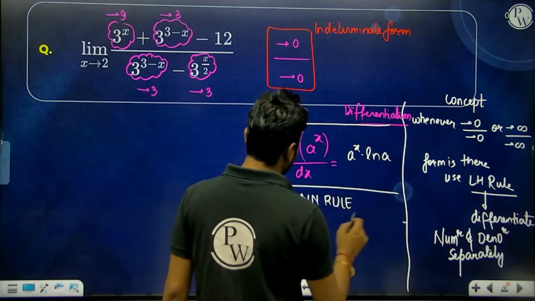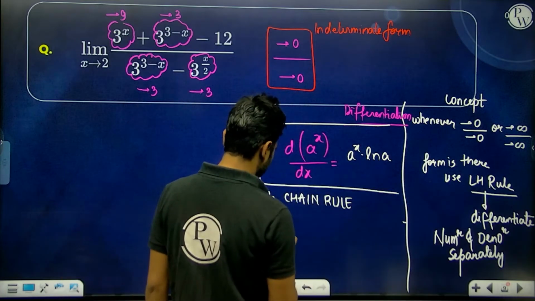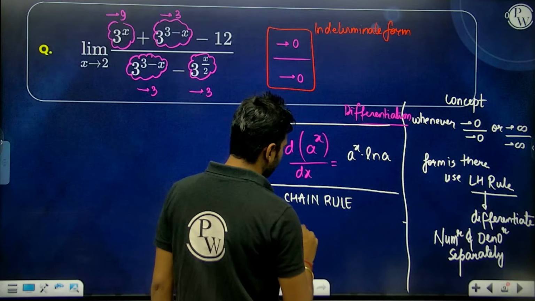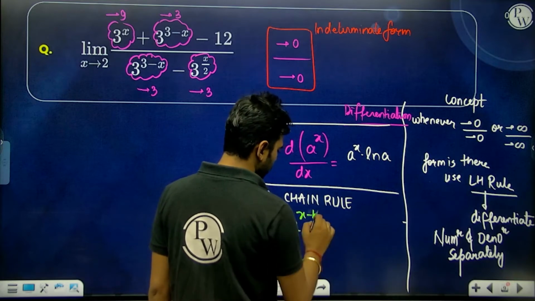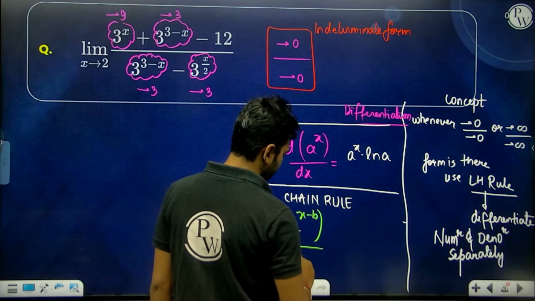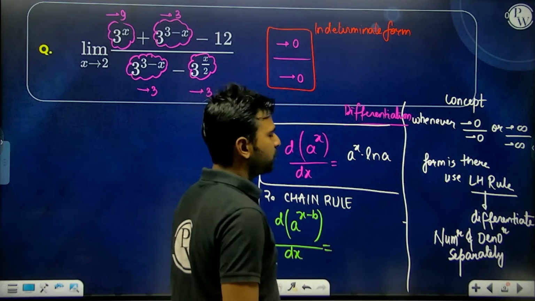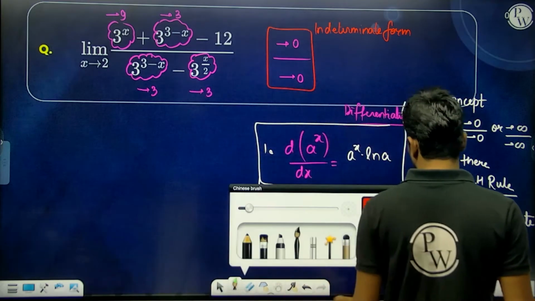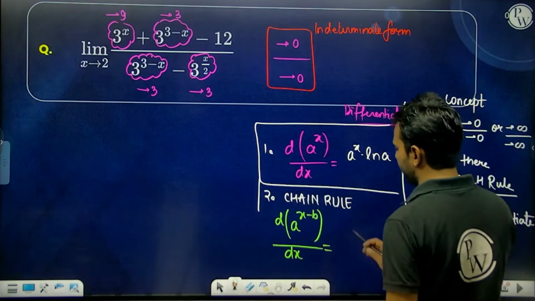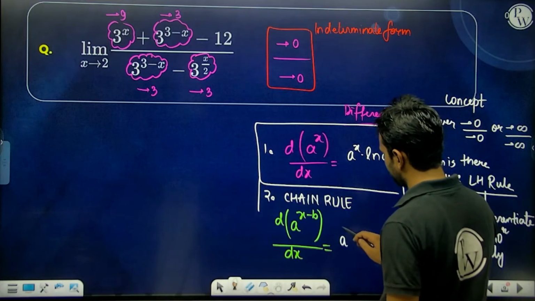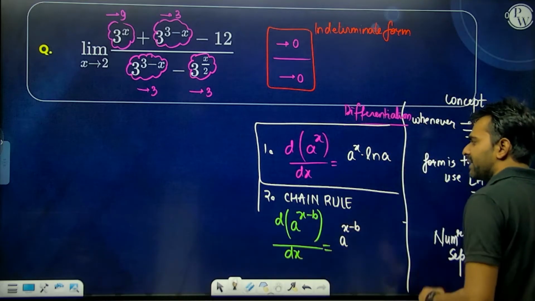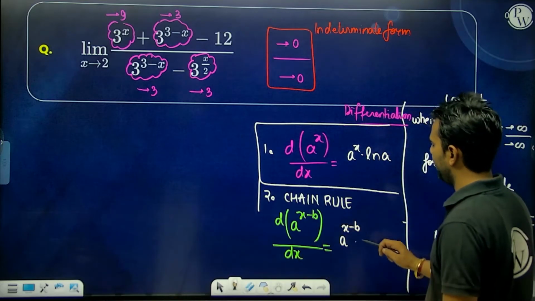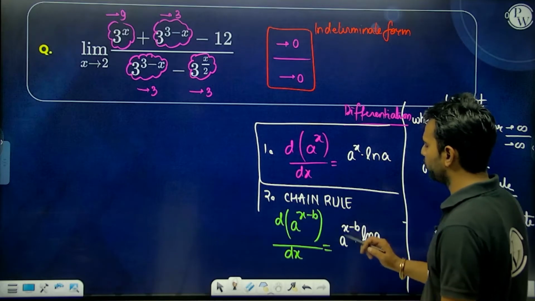If you want to differentiate, let's say, a to the power (x minus b) with respect to x, then you first write down this particular thing as it is, then ln a, and then you do the differentiation.